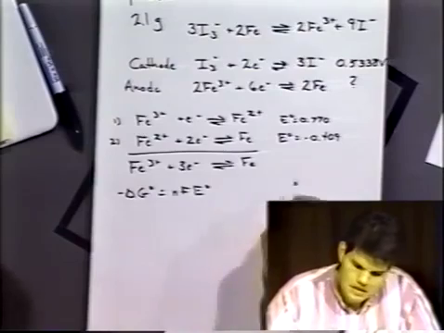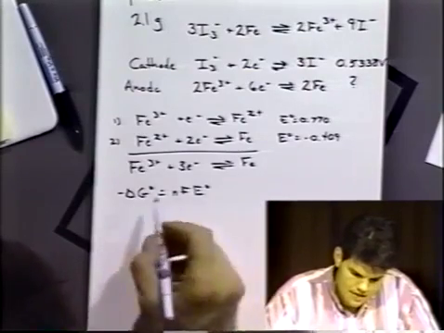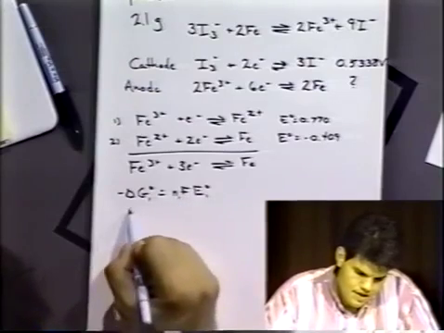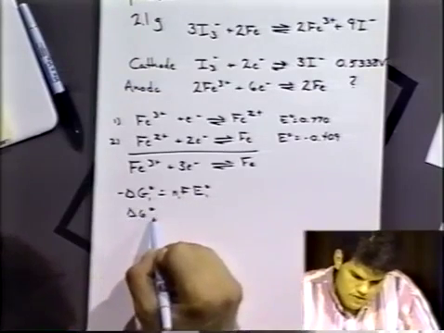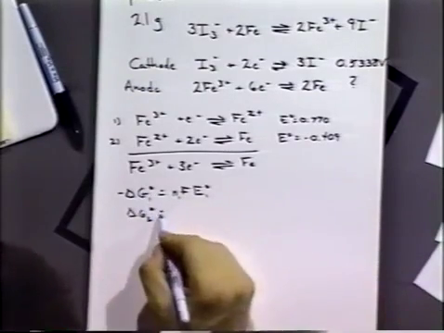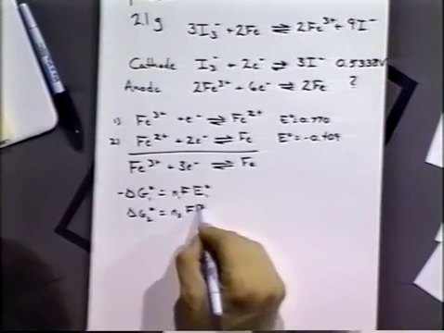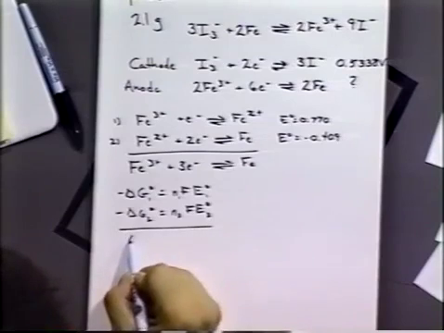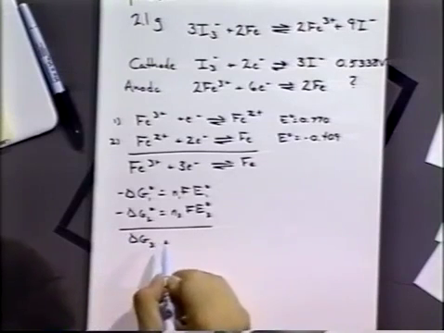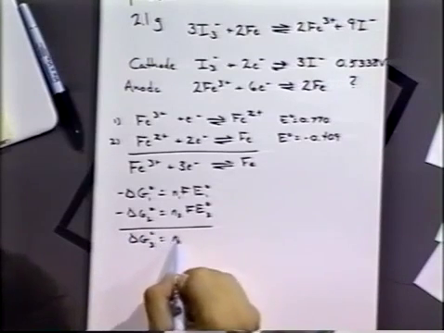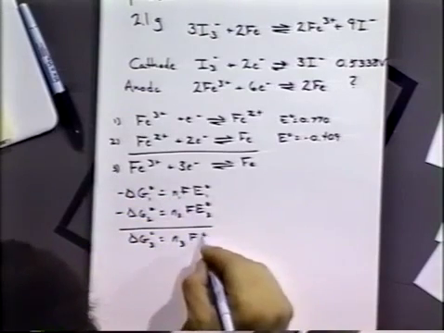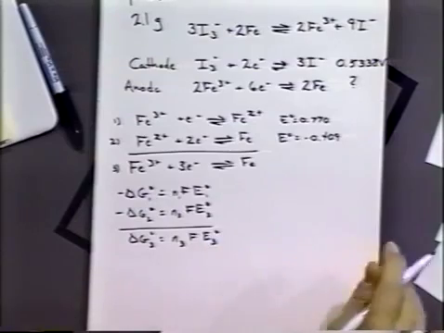And so if we add delta G0 for reaction 1 and delta G0 for reaction 2, now we get a delta G that's the proper delta G. And from that we can extract the proper E0 for the system.